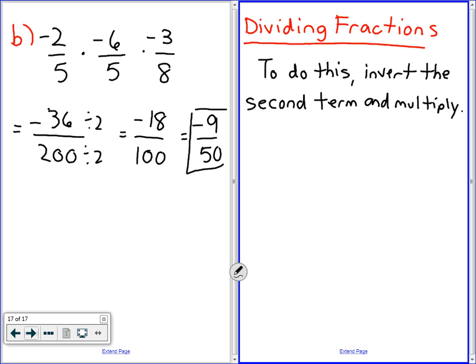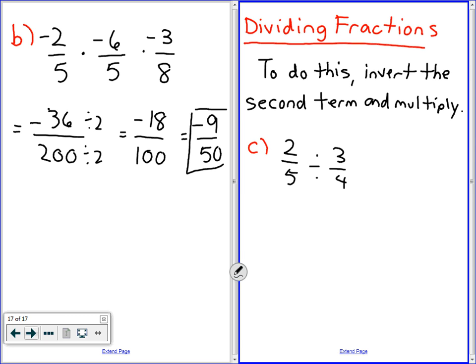So here we go. Letter C. That says 2/5 divided by 3/4. Even though you're still writing, I'm going to pick on you anyway.